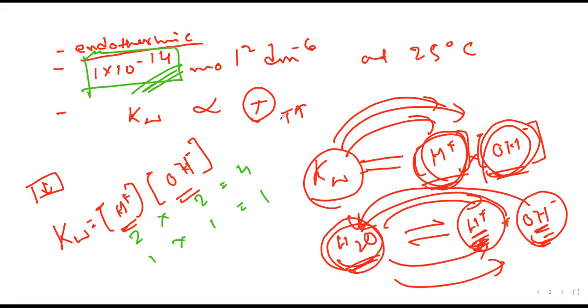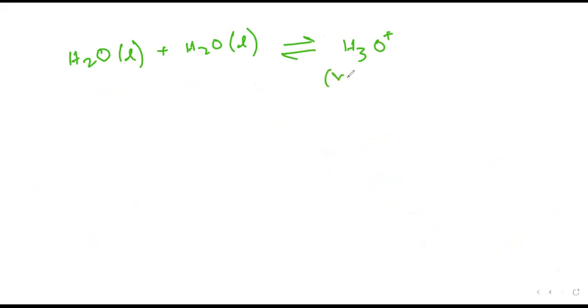Now, speaking about the ionic equilibrium, one thing we can describe here is the actual reaction which happens. Let's say two water molecules, the ionization part, H2O and H2O liquid, tend to react together, forming the H3O plus ion, which is the hydroxonium ion.